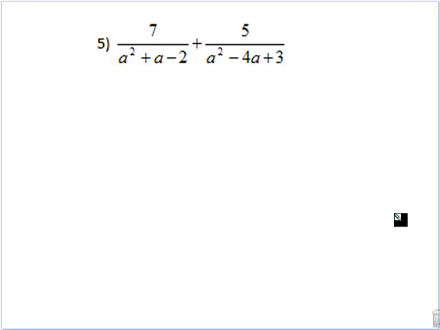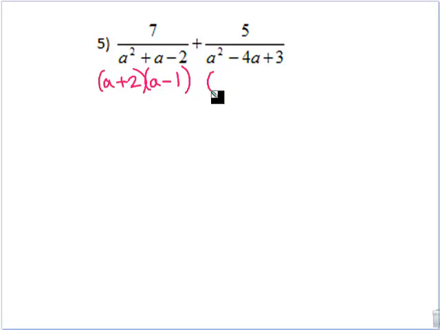Okay, so a squared plus a minus 2. What would your two first terms have to be? A and a. Okay, only way to multiply to get 2? 2 and 1. So we just need to decide which one has to be positive and which one has to be negative. Plus 2, minus 1.